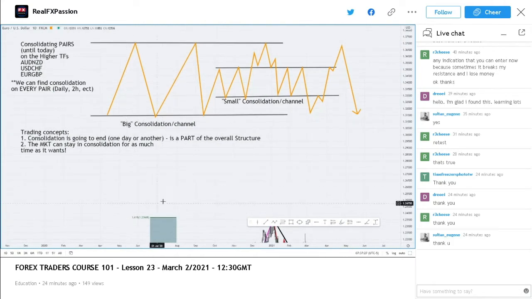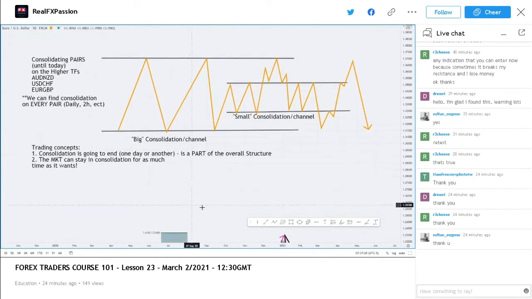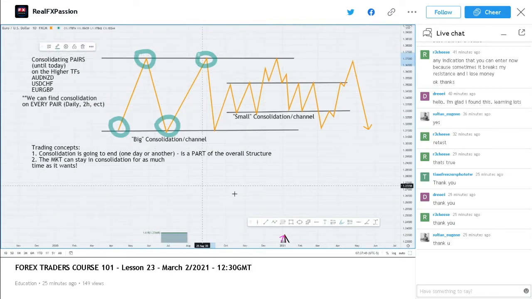So how to trade consolidation, everybody? We are going to see. Once the market established the low, once the market established the high, and once the market established the low, and once the market established the high, only and only then we have the confirmed consolidation.